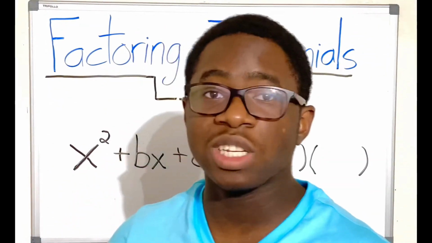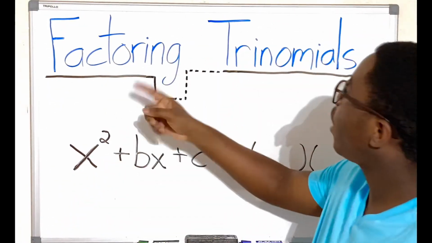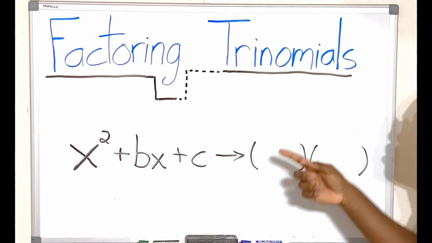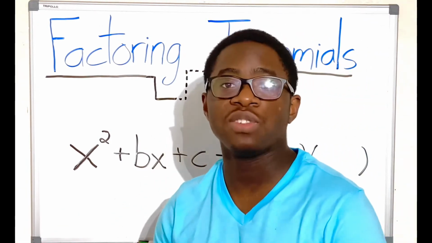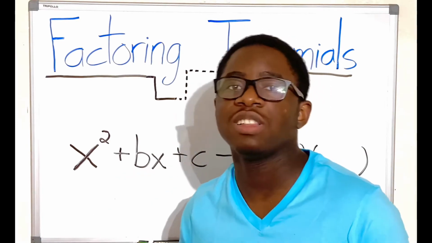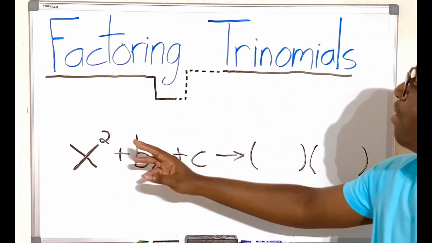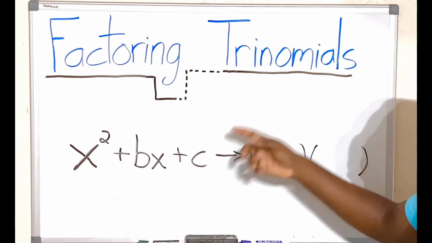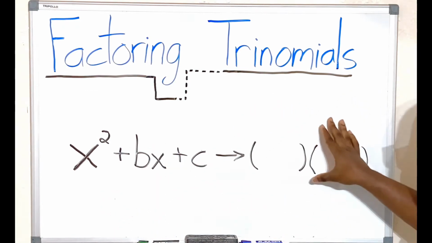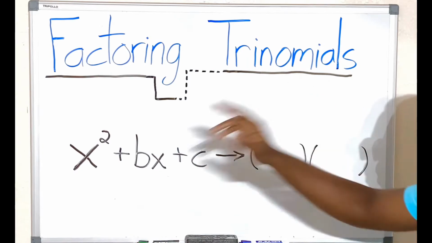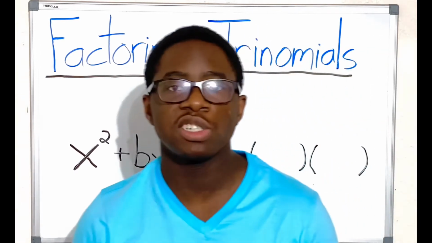Alright, you guys, so today we're going to be looking at factoring trinomials. Trinomials are an algebraic concept, but hopefully with this video we'll be able to understand it a little bit better. Here you have the standard formula for a trinomial, which is x squared plus bx plus c, and here is the factored form of this trinomial, but it'll seem much clearer once we get started.